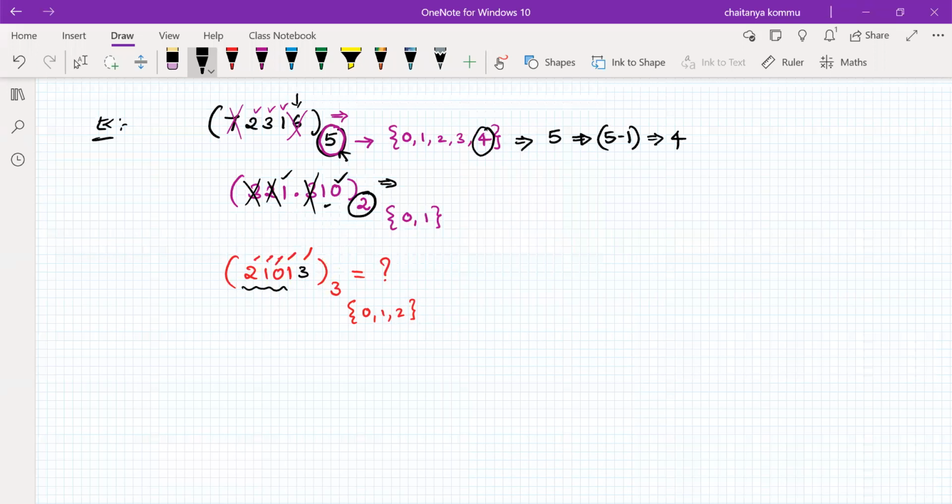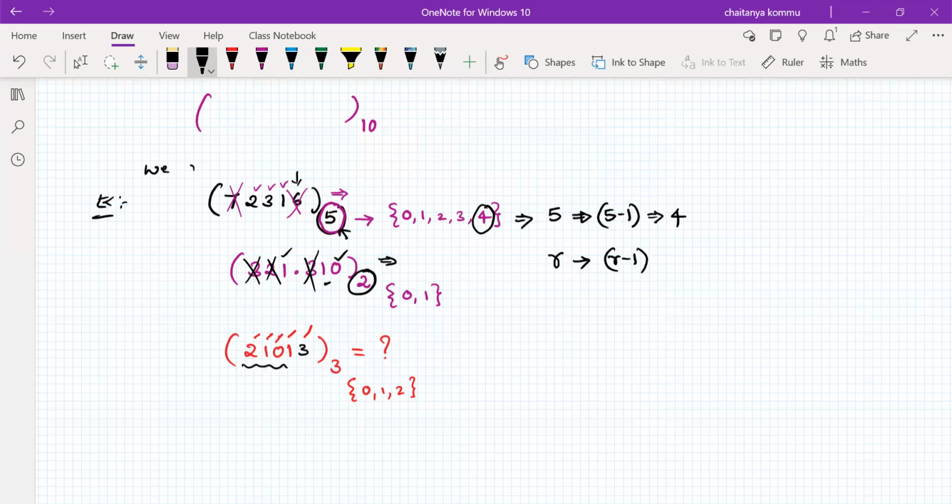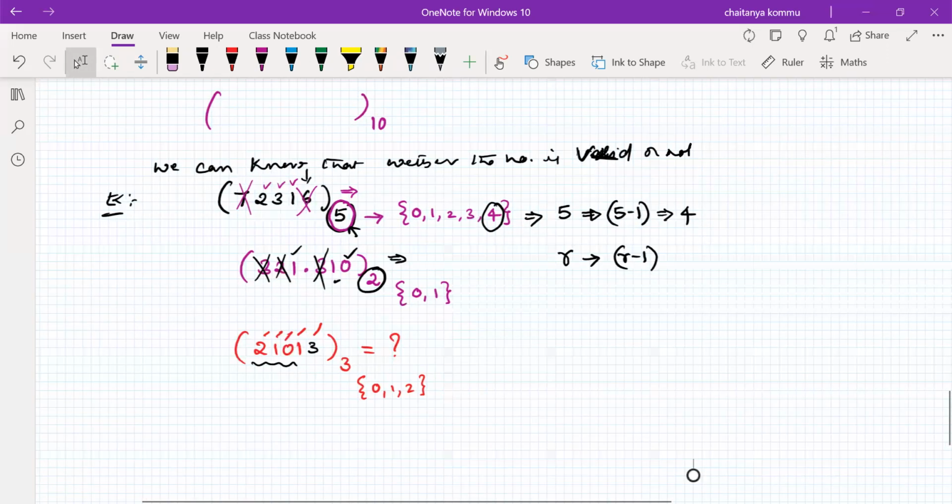So if you take a base R system, the maximum digit that you can see is R minus 1. This is applicable to any particular number system. This is how we can know whether the number is valid or not, right?